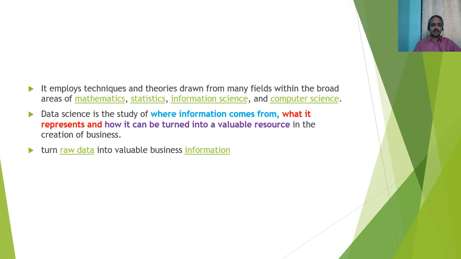Just before, I told you it requires a multidisciplinary or interdisciplinary subject. As a data scientist, you have to work with mathematicians, because they have to create new mathematical formulas to analyze a certain business problem.